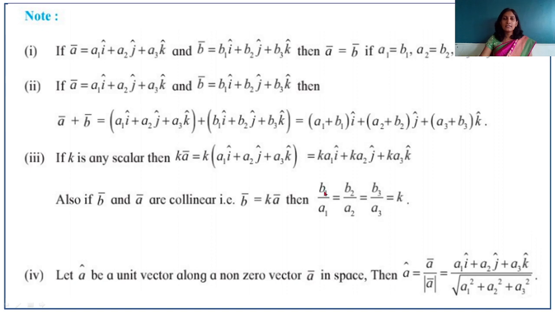That means the ratio of their corresponding coefficients is a constant. This is a very important note. Then suppose a cap is a non-zero unit vector along the vector a bar, then a cap is equal to that vector upon its magnitude. These are the notes.